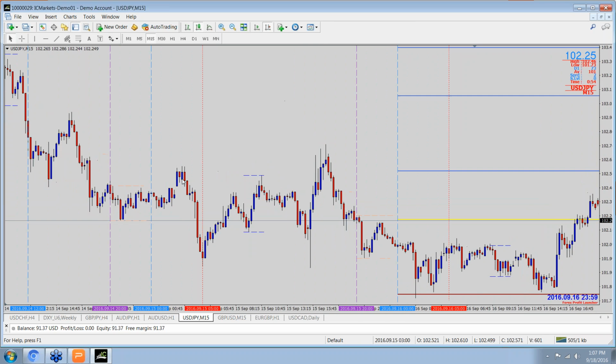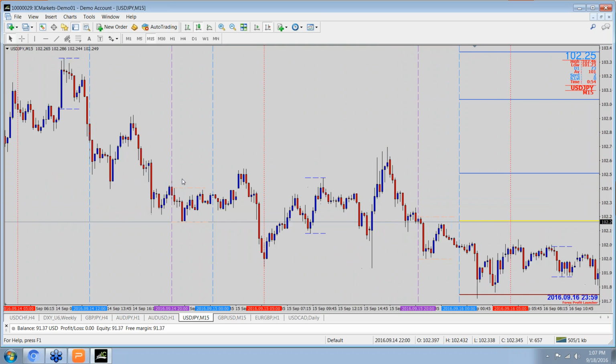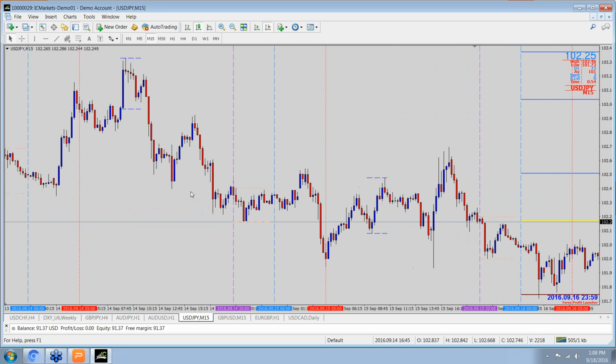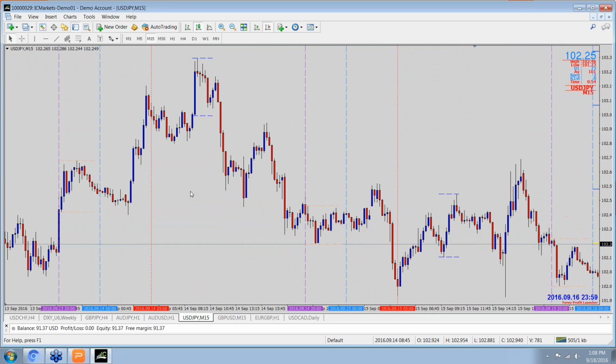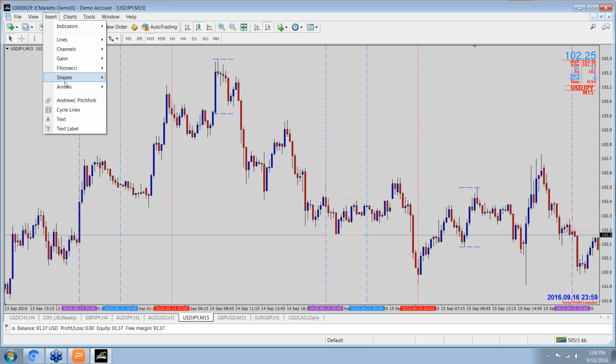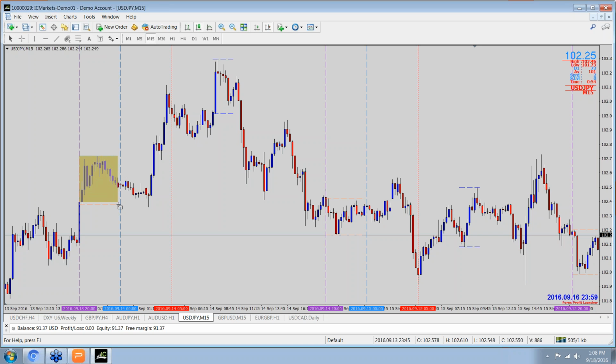All right. Okay, so we've got here, let's see our standard deviation central bank dealing range.